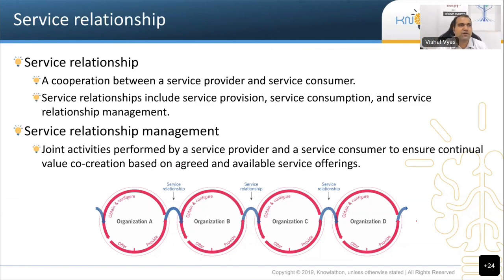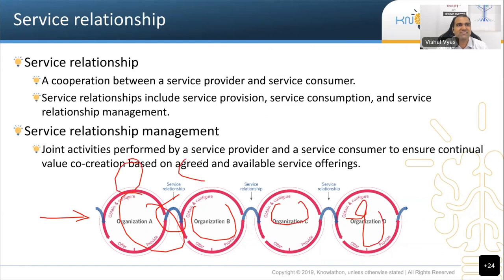So different organizations have service relationships. Please note that this is not a two-dimensional picture. There is a layer on the top of this, because there are multiple organizations dealing with multiple other organizations at the same time.